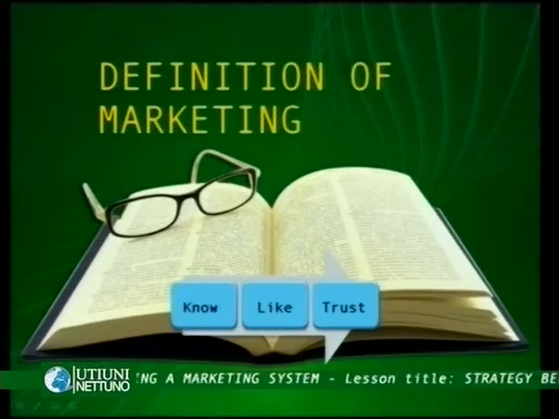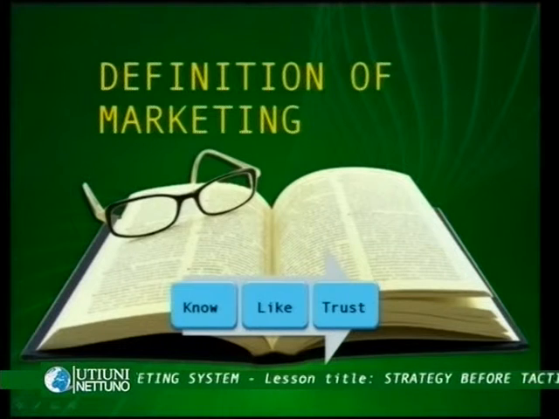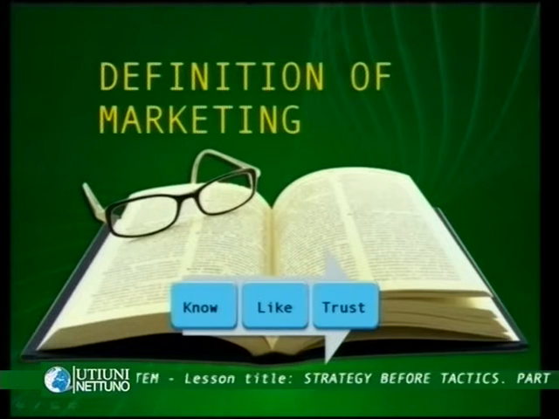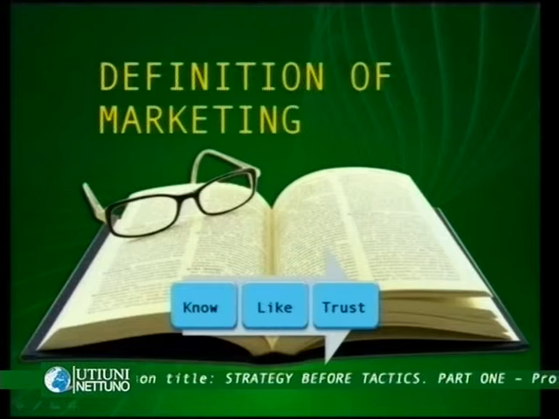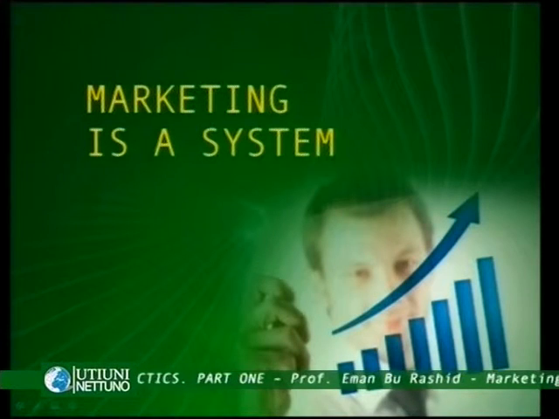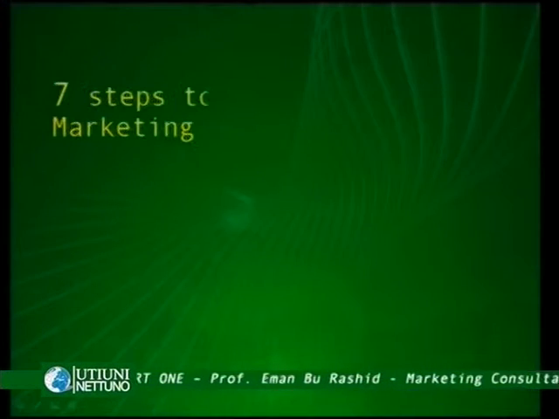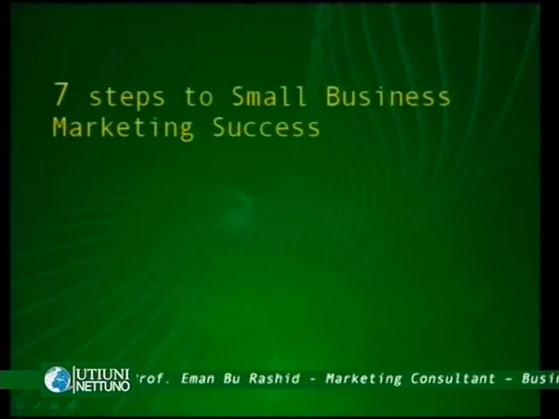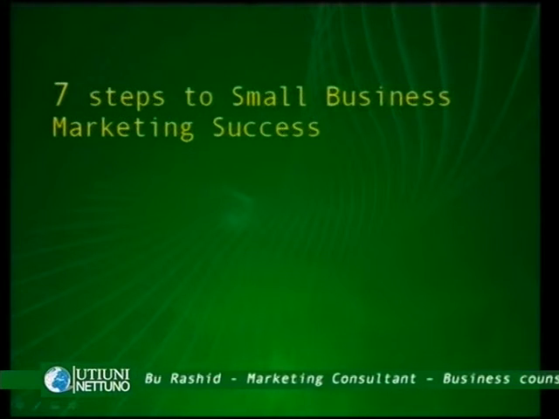Now, going back to our definition of marketing, it is basically getting someone who has a need to know, like, and trust us. And in our marketing, we have to do it as a system. And that system includes 7 steps.